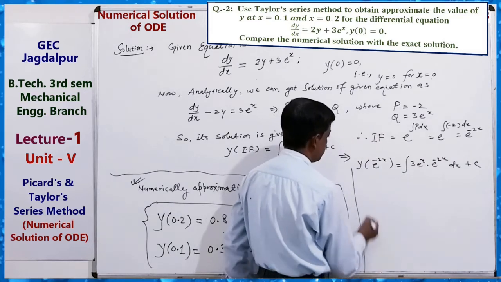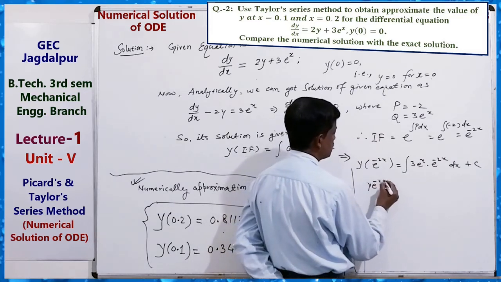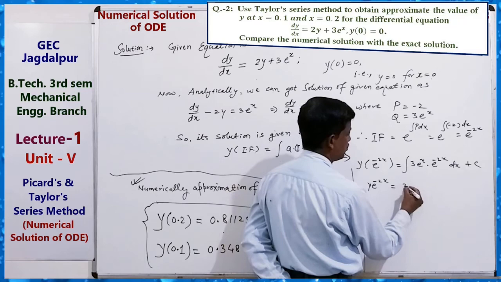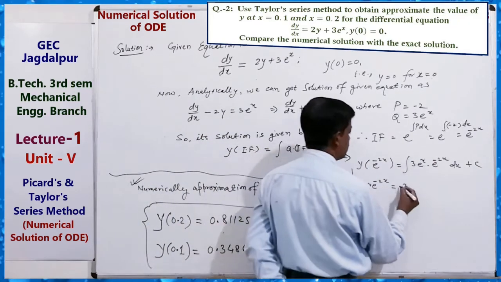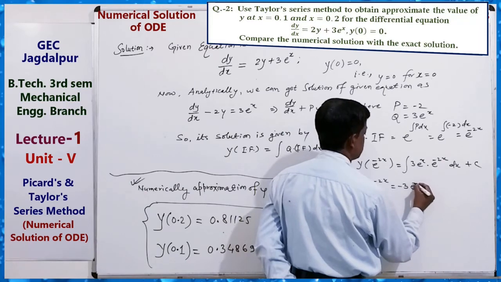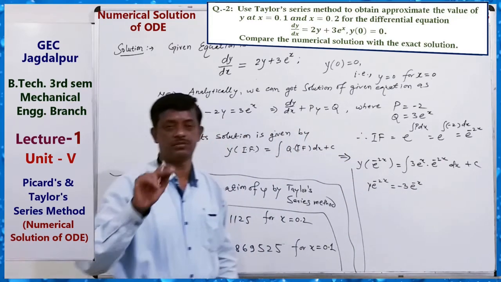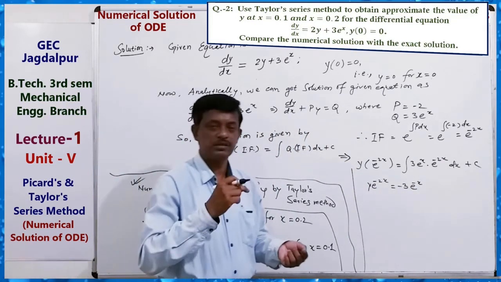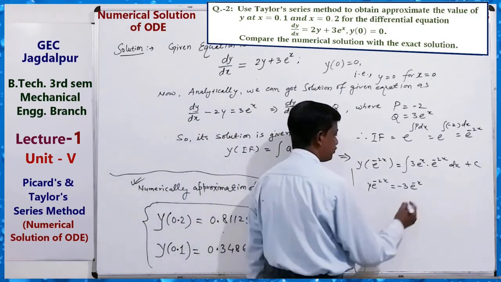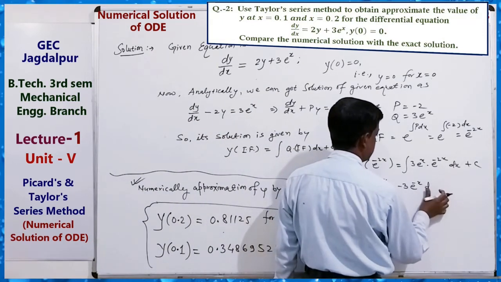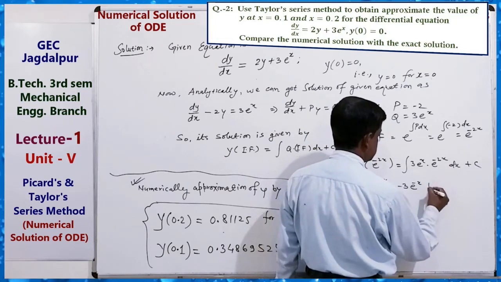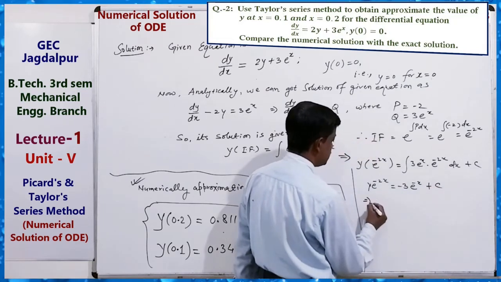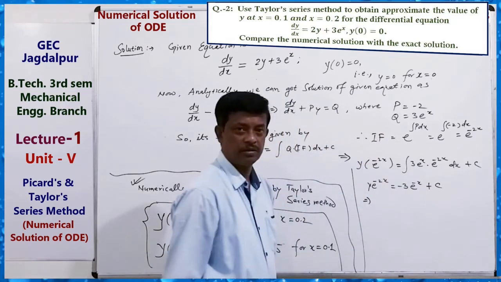So here we can find the solution: y e to the power minus 2x equals 3, common e to the power x e to the power minus 2x, e to the power minus x. So integrate it: minus e to the power minus x, plus c.